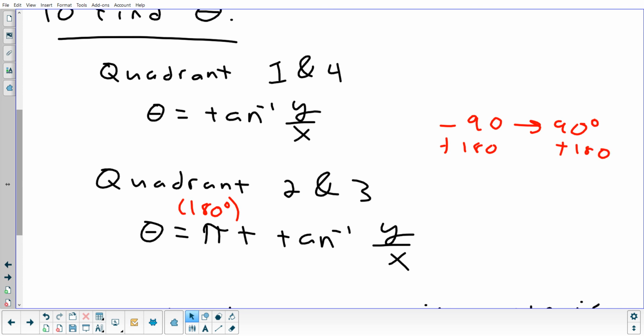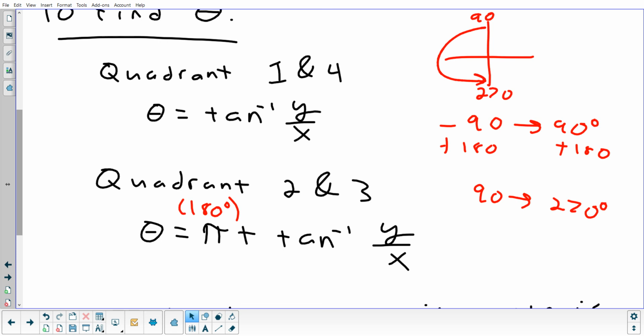Well, negative 90 plus 180 is 90, and 90 plus 180 is 270. So that's going to shift your answer to be between 90 and 270. Well, 90 is here, 270 is here, so it's going to cover answers in quadrants 2 and 3 by adding 180 to it. Any questions on that? Or you could add pi if you're doing it in radians.